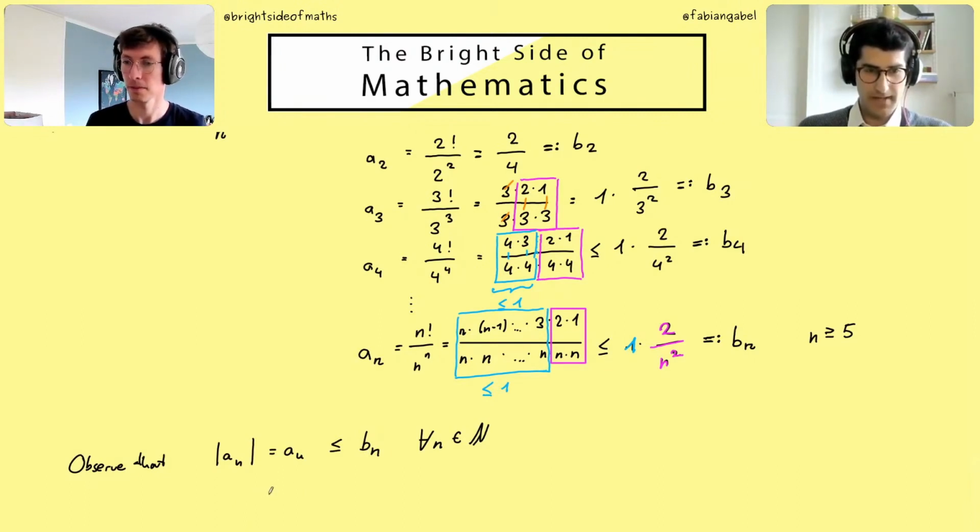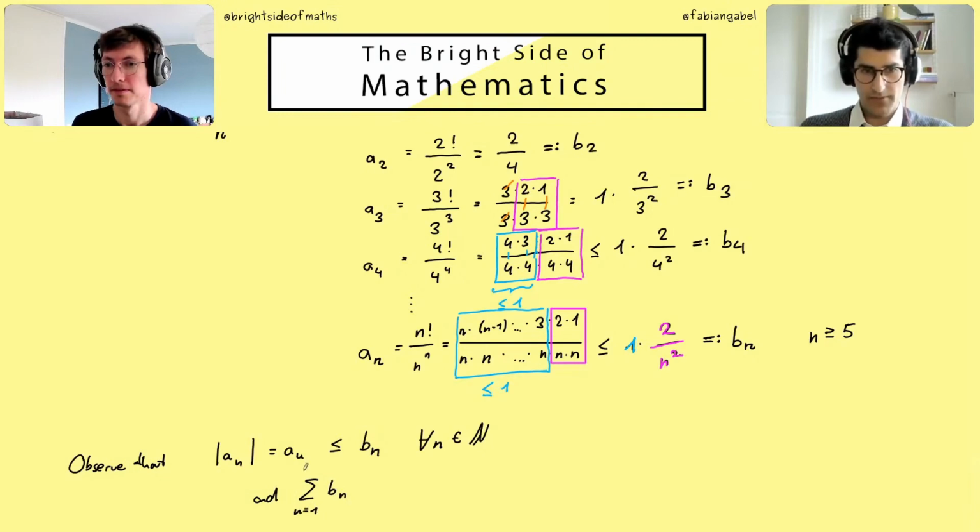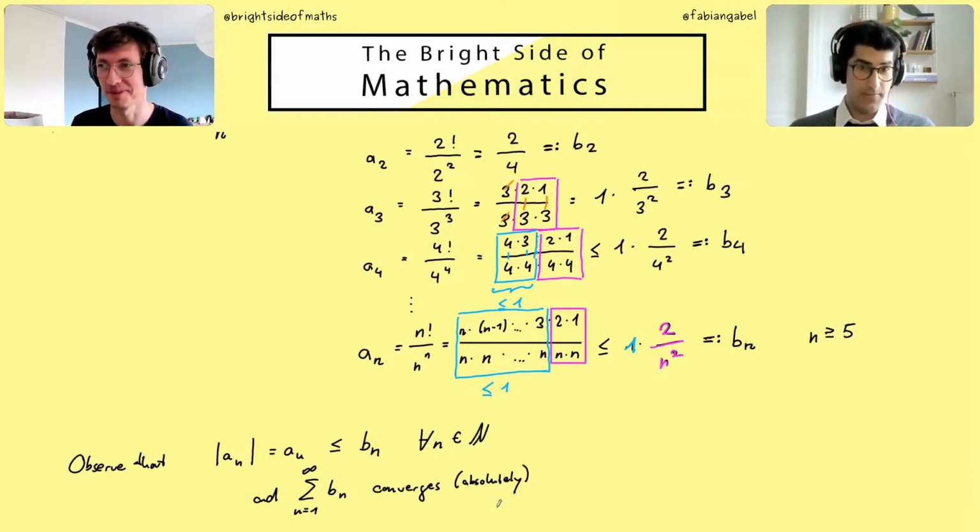And a further observation, something we should recall from earlier sessions in real analysis, is that the series over all Bn's when n goes from 1 to infinity converges. So it also converges absolutely. That's what we need for the comparison test. So that's important: choose a correct sequence Bn.